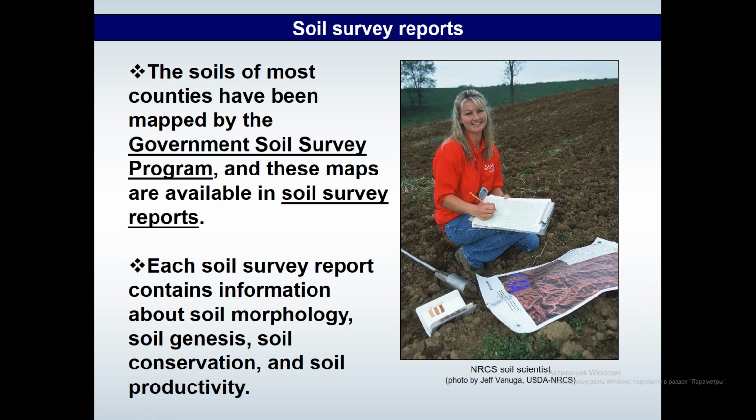Each soil survey report contains information about soil morphology, soil genesis, soil conservation, and soil productivity. Here you can see a soil scientist with a map with information of morphology, soil genesis, and other.